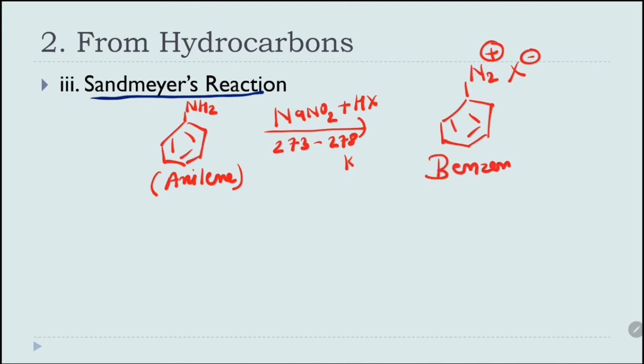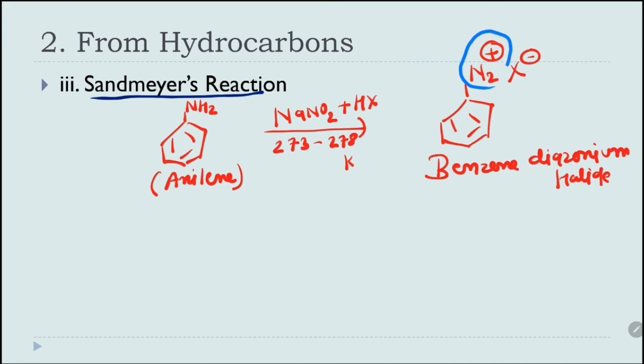Here its name will be benzene diazonium halide. So it is a salt. Now, what is the property of this diazo salt, this N2 positive group?